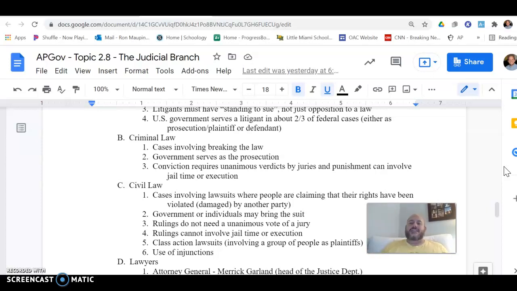Now, note, since it's not the government prosecuting you, it's plaintiffs that are filing lawsuits, there are far fewer different kinds of consequences in civil suits if you lose than if you are found guilty in a criminal case. So, for example, you cannot, in a civil lawsuit, have to go to prison.